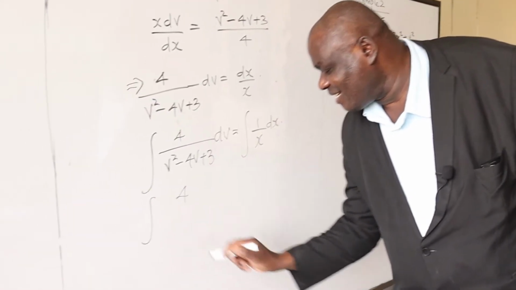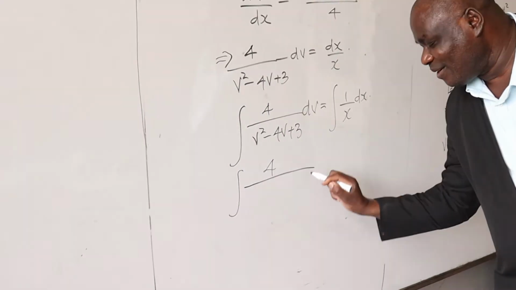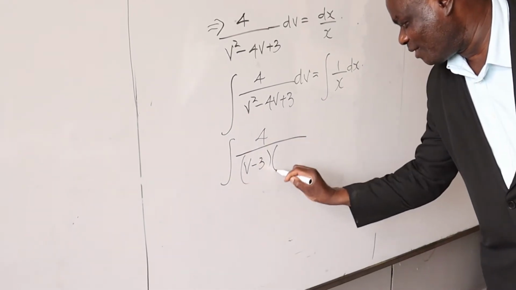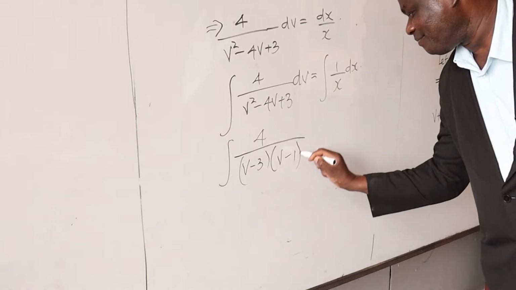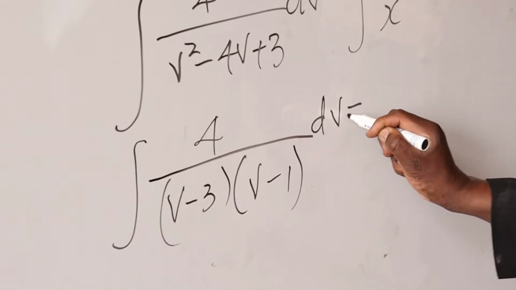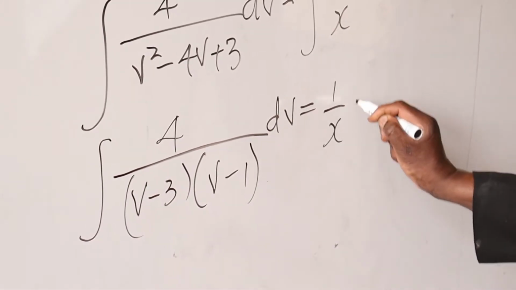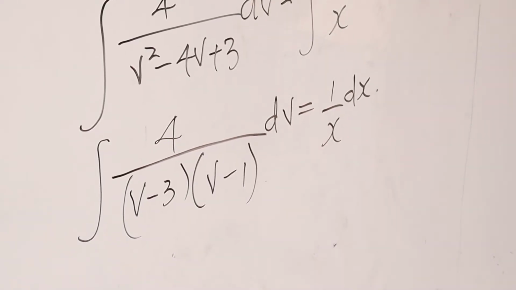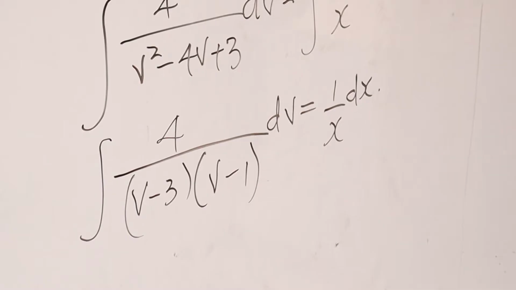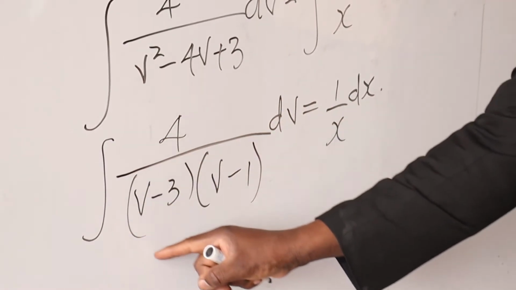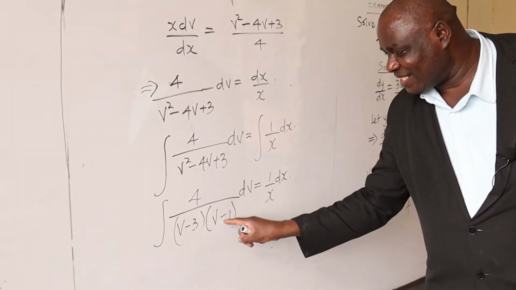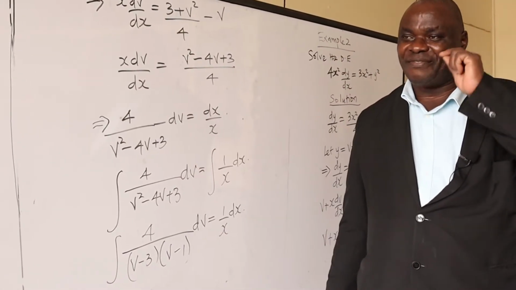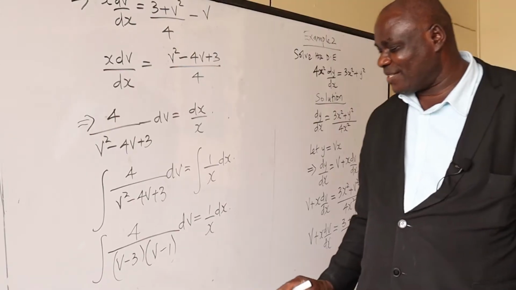So this is the integral of 4 all over v minus 3 into v minus 1 dv will be equal to 1 all over x dx. Now we have something which has got factors in the denominator. Such a fraction can then be split first into partial fractions.